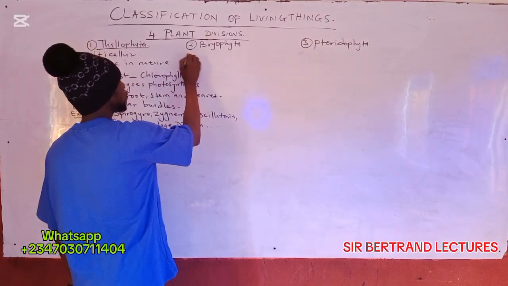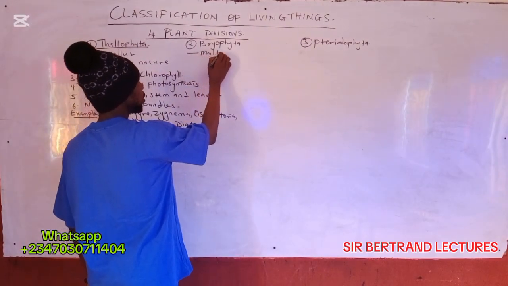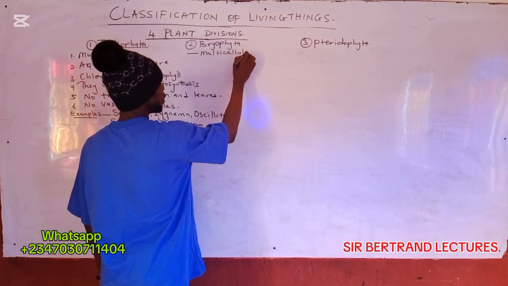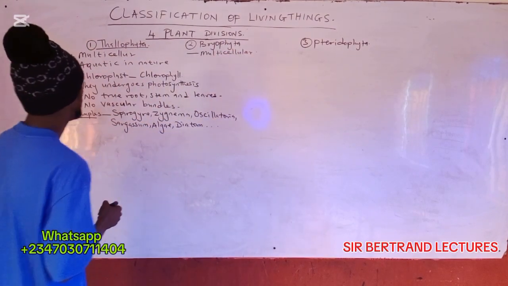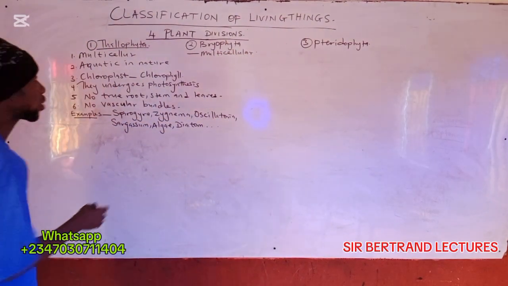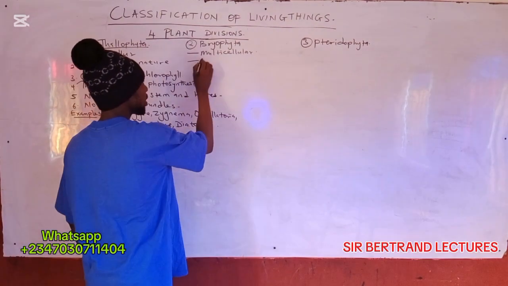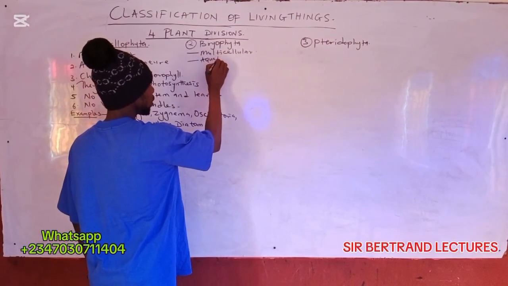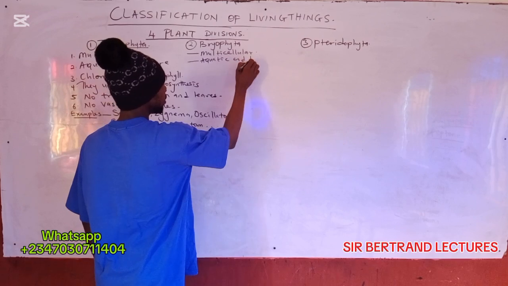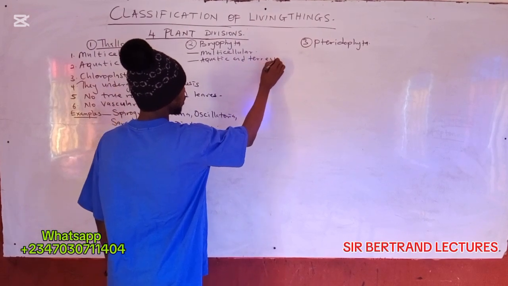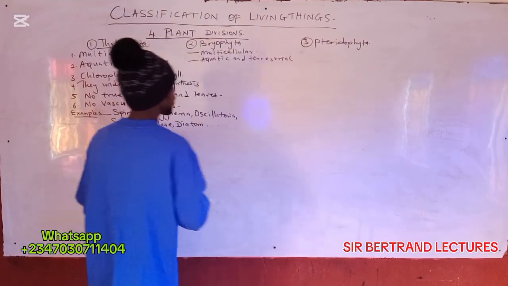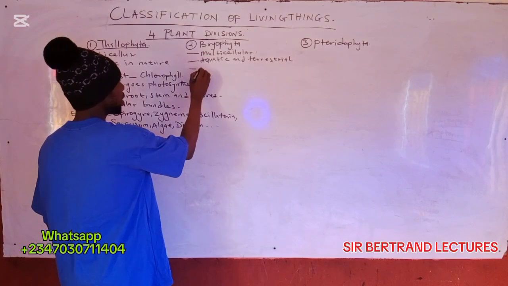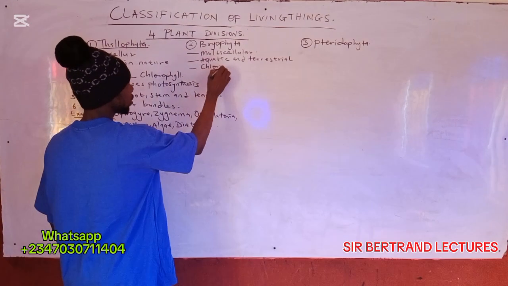Now, Bryophyta, as we know here, are multicellular. Bryophyta can be aquatic and terrestrial. Bryophytes possess chloroplast.